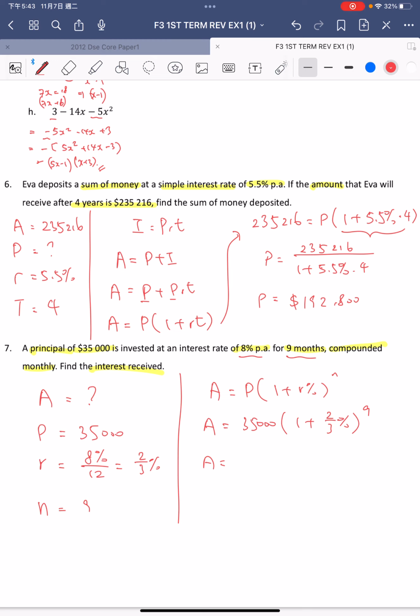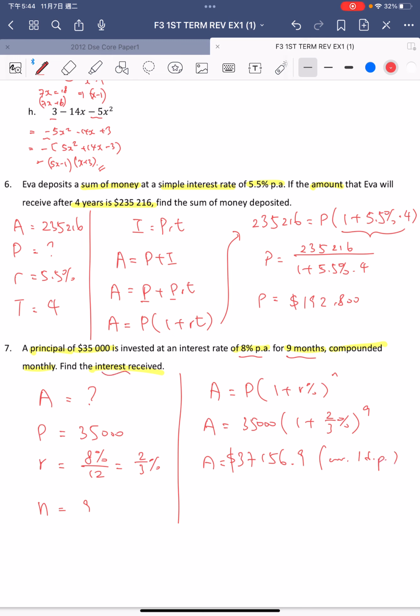Calculate again: 35,000 times 1 plus 2/3%, and then to the power of 9. Then we can get the amount is equal to 37156.9, correct to one decimal place.